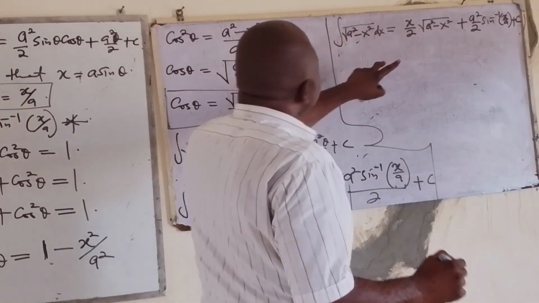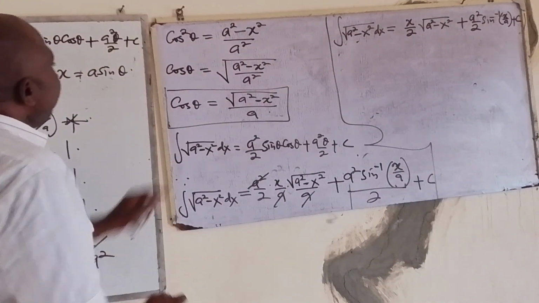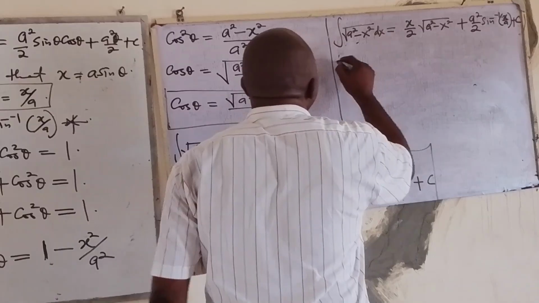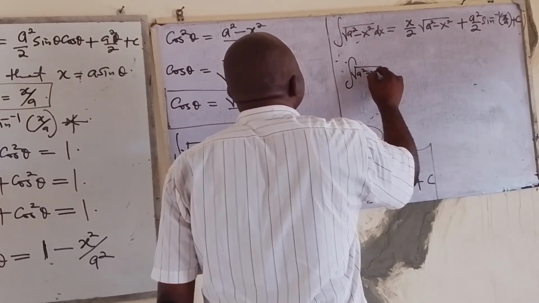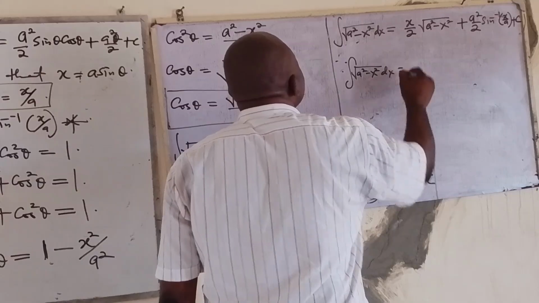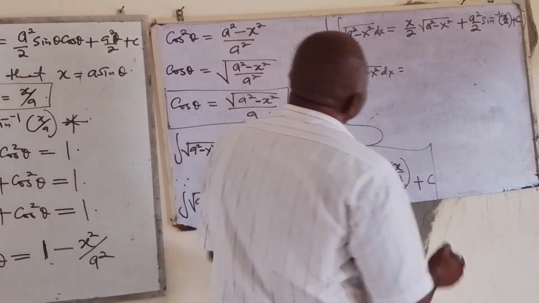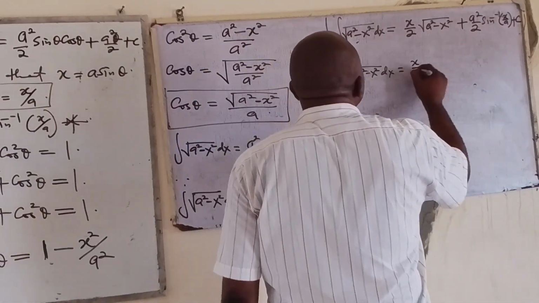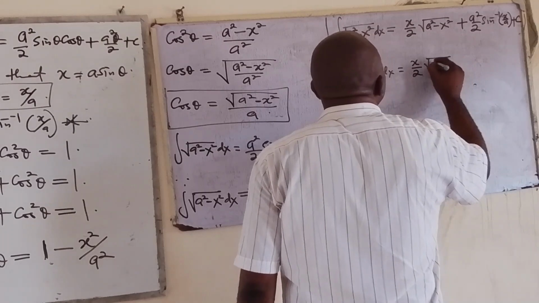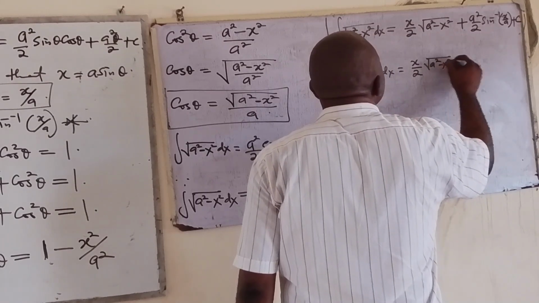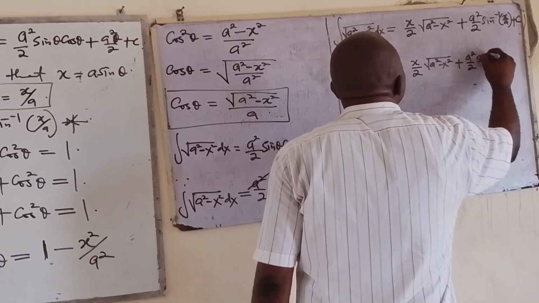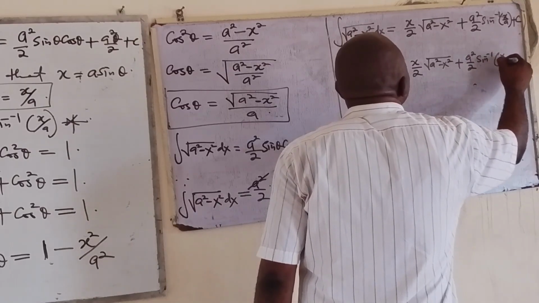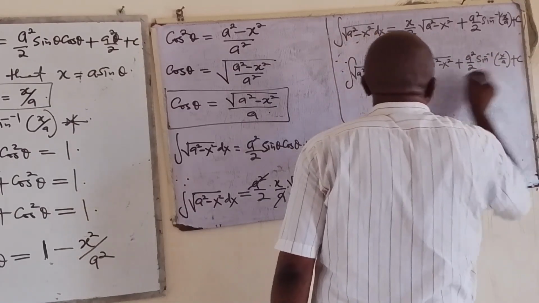So now this is the integral of this function. When you have the integral of the square root of a squared minus x squared dx, where a is constant, it will give x all over 2 times the square root of a squared minus x squared plus a squared all over 2 times sine inverse of x all over a plus c.